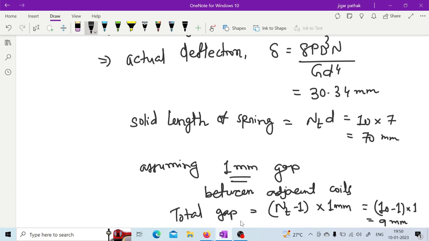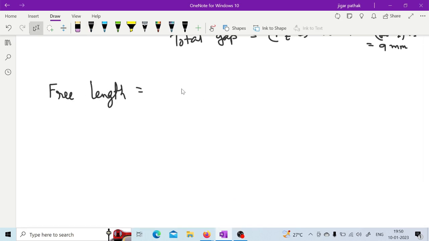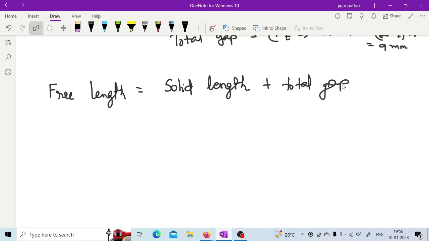So now can you tell me the free length? What is free length? Can anyone tell? 109.3. Okay, it means what we are doing is solid length plus total gap plus deflection, right?